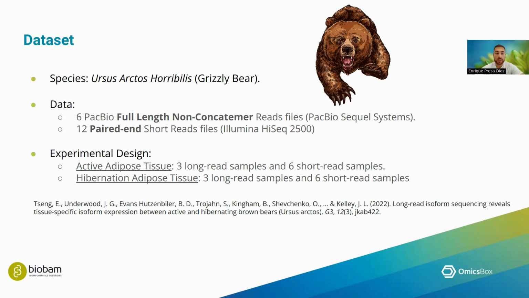The experimental design is that half of the dataset is from active adipose tissue, and the other half was obtained from hibernation adipose tissue from the grizzly bear. This dataset was obtained from this paper. It is really interesting. I recommend you read it. I like it.